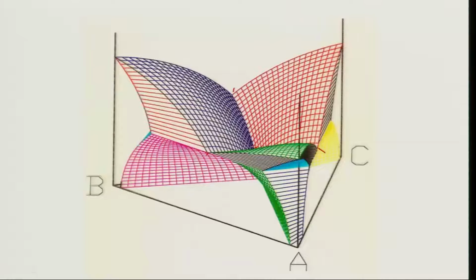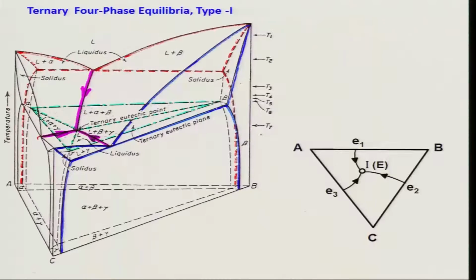So, be sure about it, these are the liquidus surfaces 1, 2, 3, correct, they are going down like that. So, if I take a projection of those surfaces, it will look like this, correct. You see here this is a projected surface, and there is a ternary eutectic point. It must be like this.